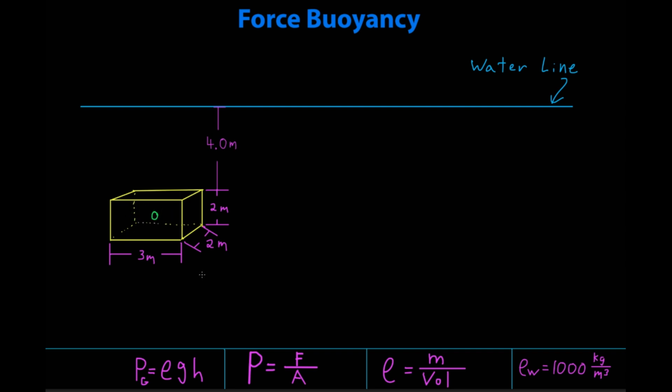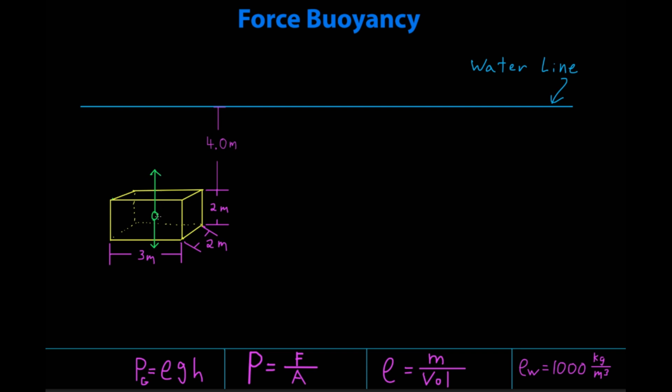That means we are now left with two forces. The force of this water column pushing down on the box due to the pressure from the fluid, and the force due to pressure from the fluid on the bottom of the box pushing upward. So here is the force downward, and here is the force upward.